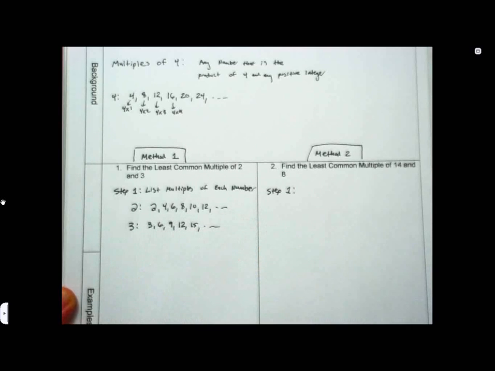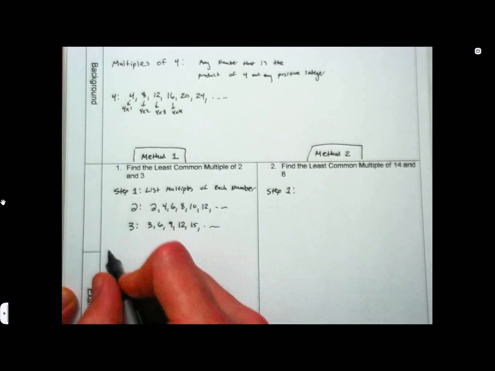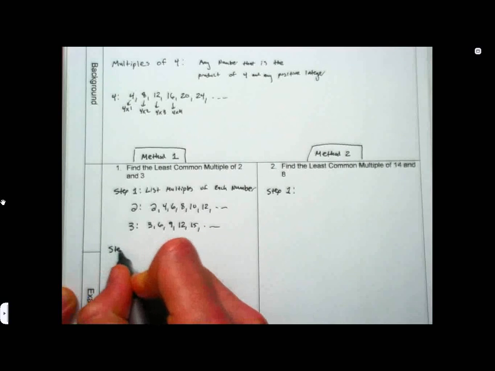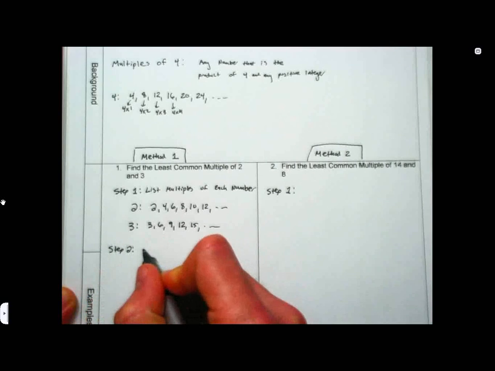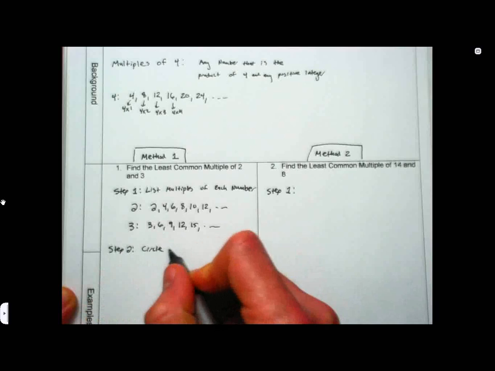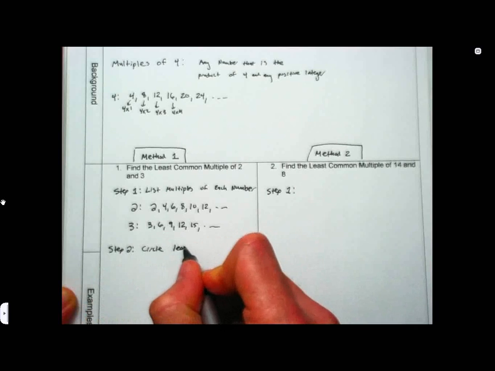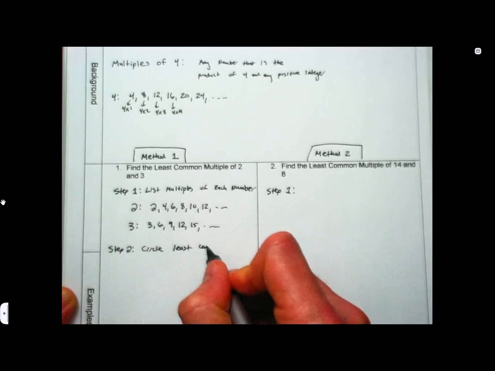And what I'm looking for is where's the first place where these two lists cross. In other words, where's the first multiple that they have in common? That's really step 2, the final step. Step 2 is to circle the least common multiple.